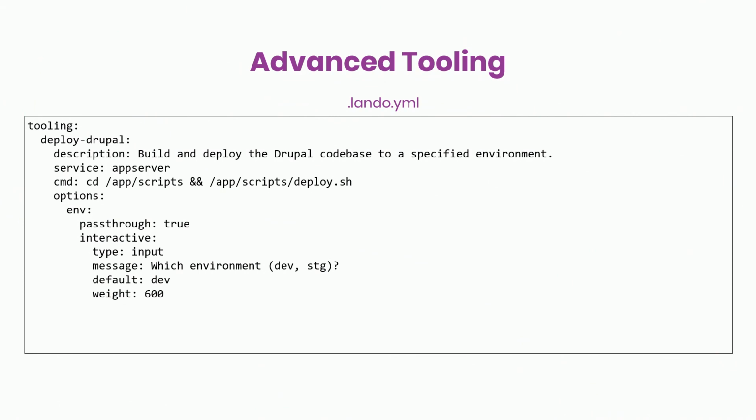So you don't need a separate machine to do your build artifacts. You can run it locally within Lando, and then you just push up the artifact. In this example, it asks you, okay, which environment, dev or stage? It'll pass whatever you've selected to your script, and our script would then do the uploading and everything.